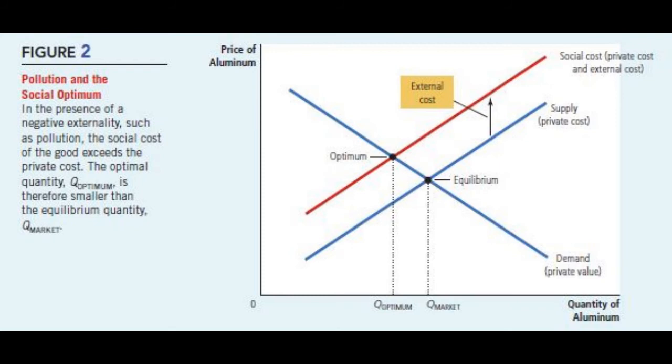So you smoke that cigarette and it hurts somebody else because you're putting cancer in their lungs and it stinks and all this stuff. Or you're a company that has to pollute in order to produce something. Well, there's a cost associated with that through acid rain and potentially climate change, things like this.